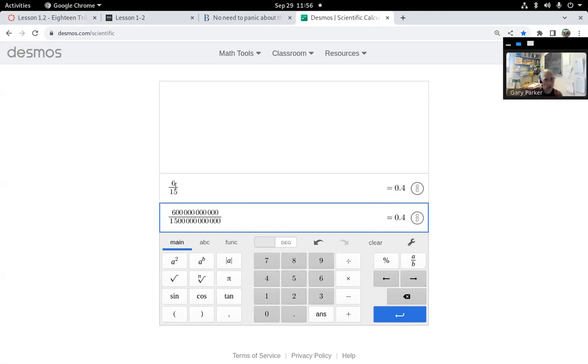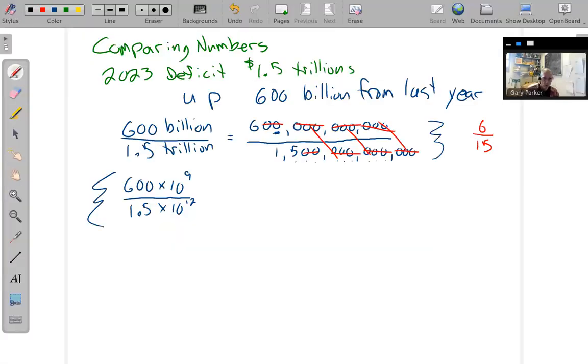Notice I did reduce correctly because the 6/15 gives me the same thing. And the scientific notation, if I type that in, should give me the same answer. So we get that this is equal to 0.4. Now I'm going to write that as 0.40, which is 4/10, this is 40 out of 100, which is also 40%, because percent means divide by 100.